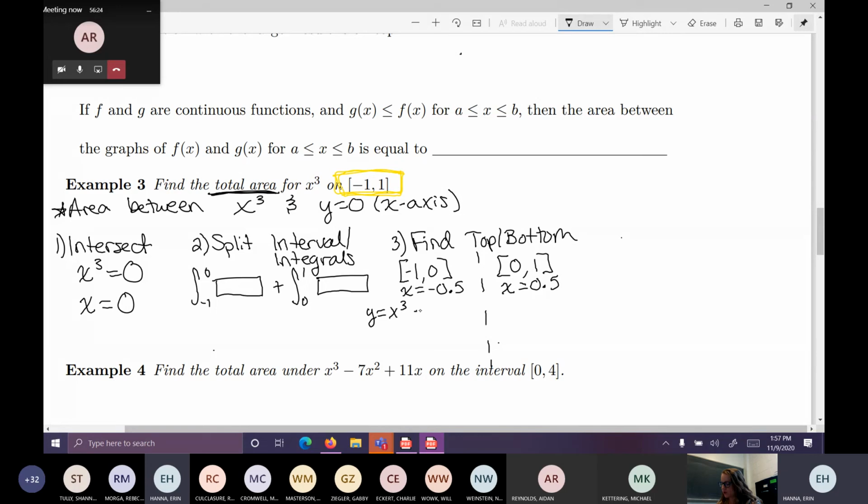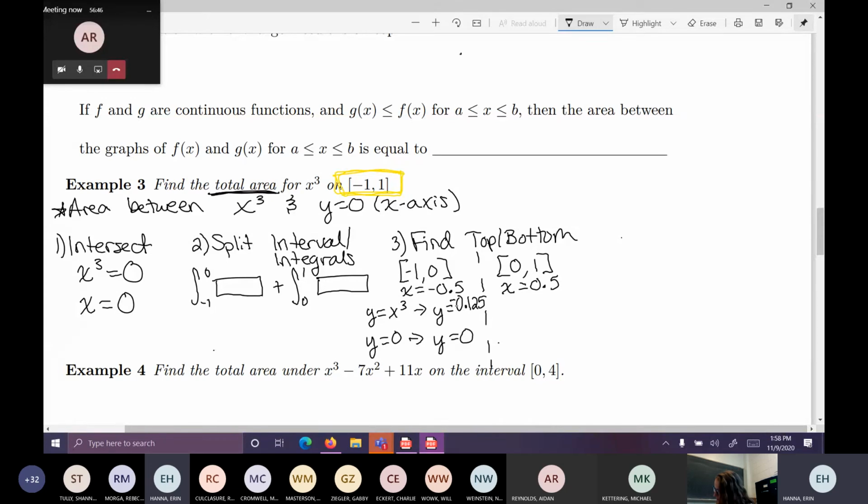So we have x cubed. That will give us y equals -0.125. And if I plug it into y equals 0, well, that just gets me y equals 0.